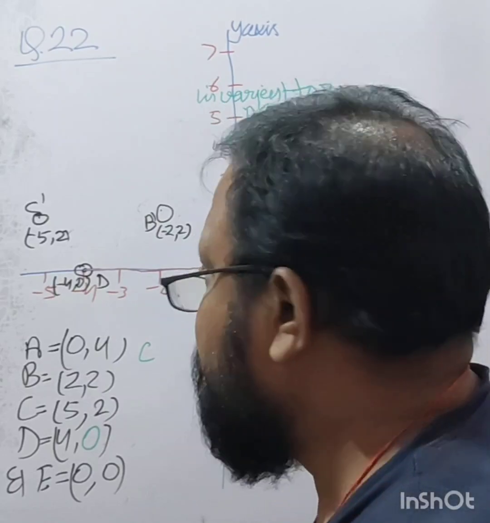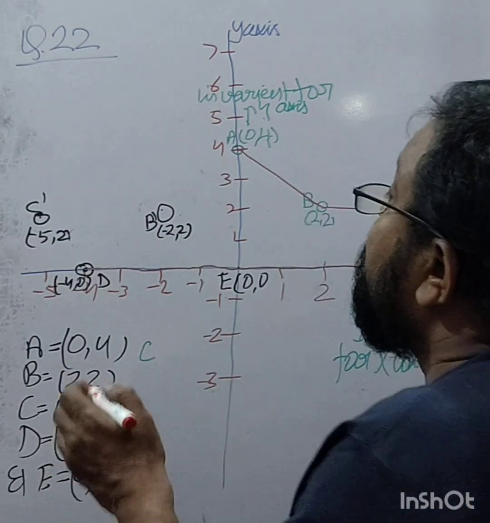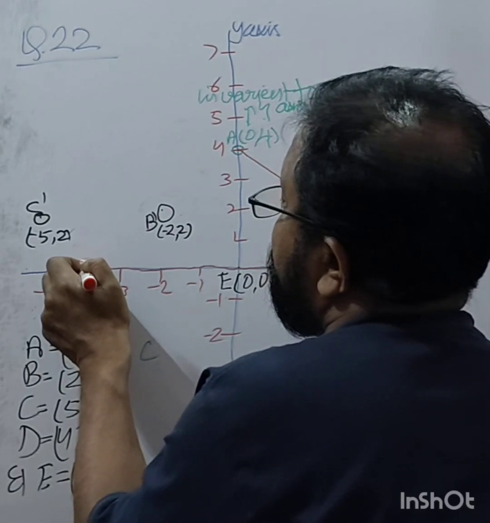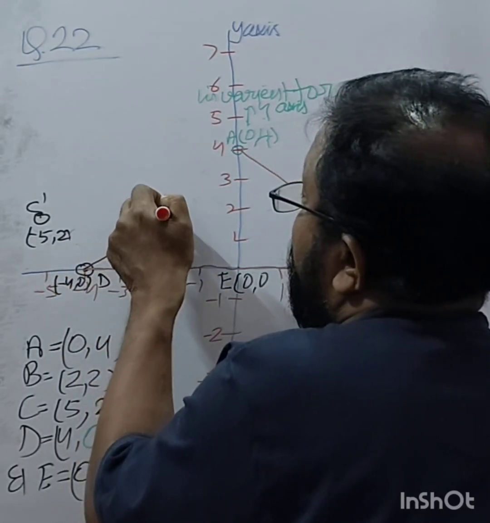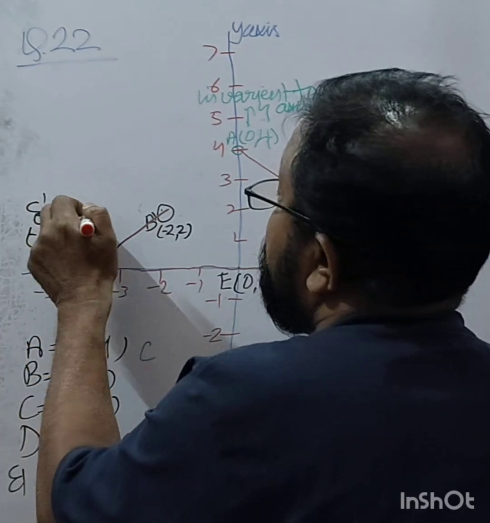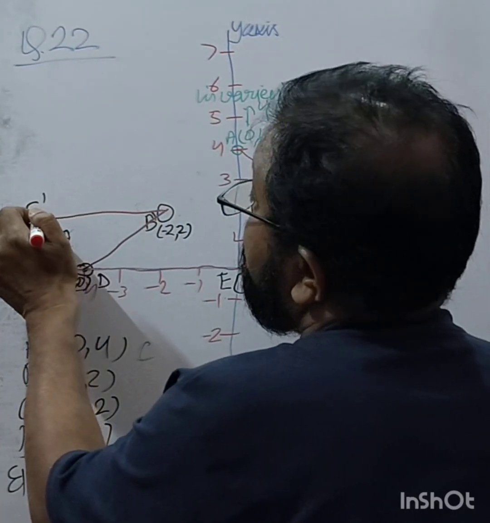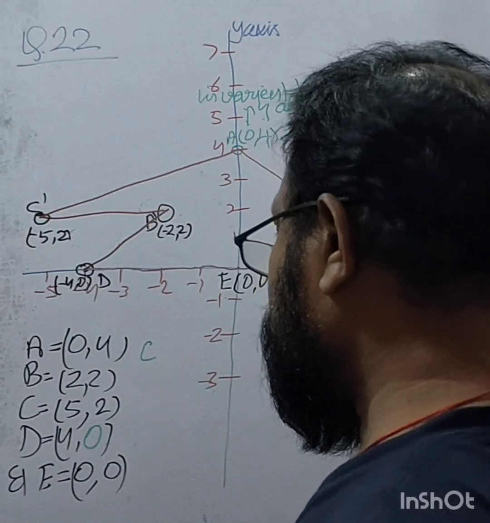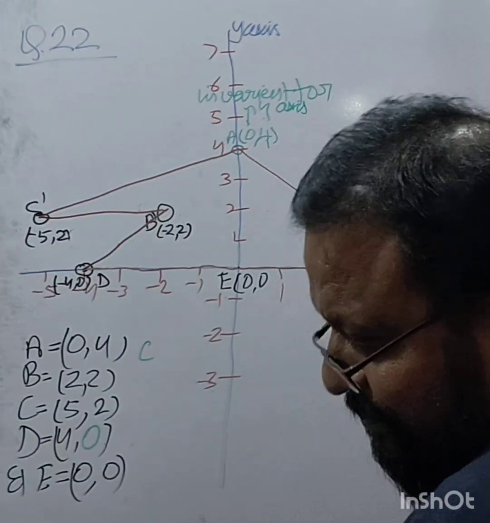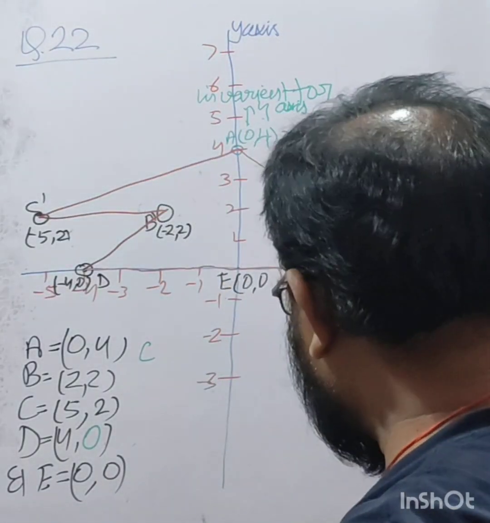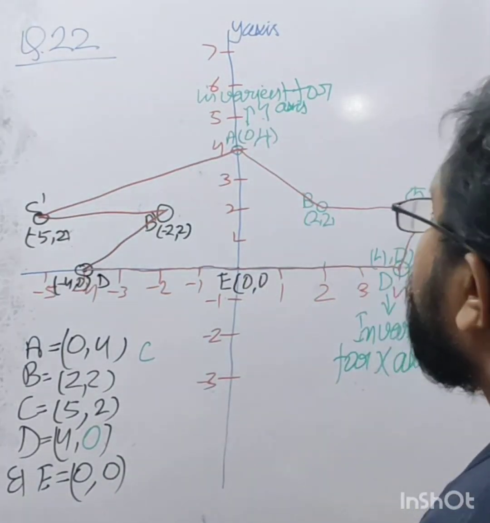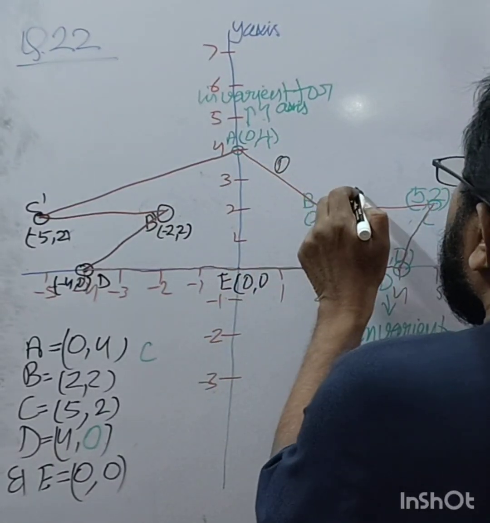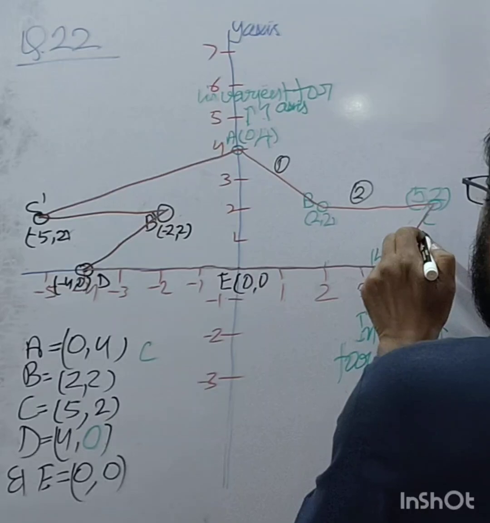Seven-sided heptagon. This is one, two, three.